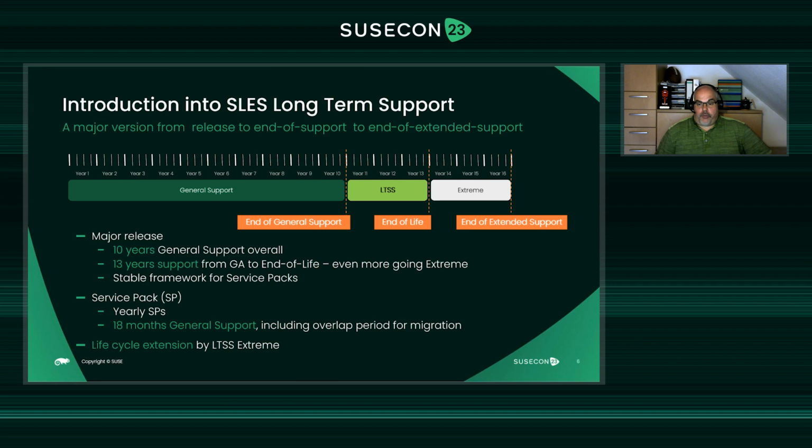Within this stable framework, we release yearly service packs. These service packs introduce changes and additional features while still operating within a stable context of the major release. Each service pack is supported for 18 months, about 1.5 years, including a 6 months overlap period.